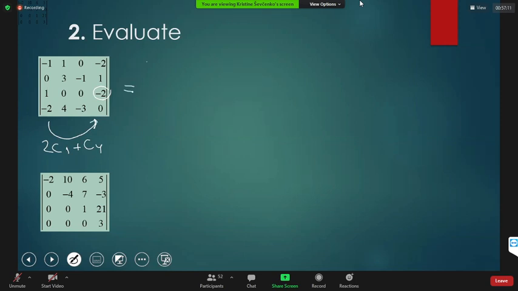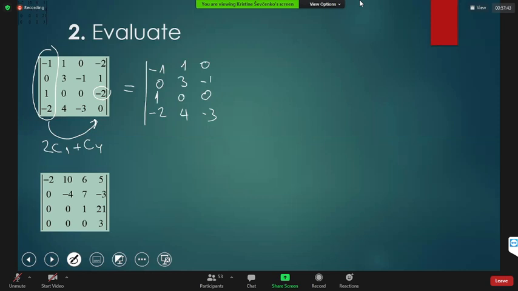So the first column, in its own place, I'm not multiplying it there by anything. I leave it as it is. Minus 1, 0, 1, minus 2. Second column stays as it is: 1, 3, 0, 4. Third column stays as it is: minus 3.